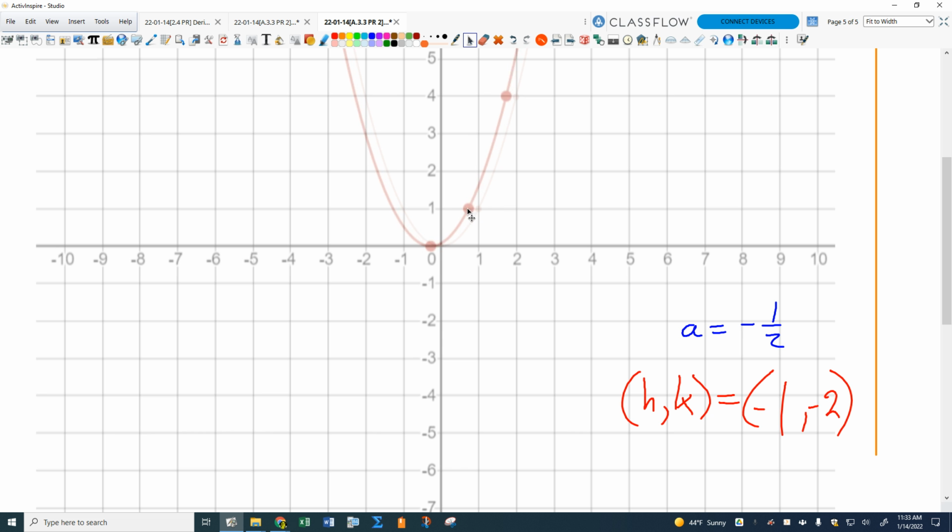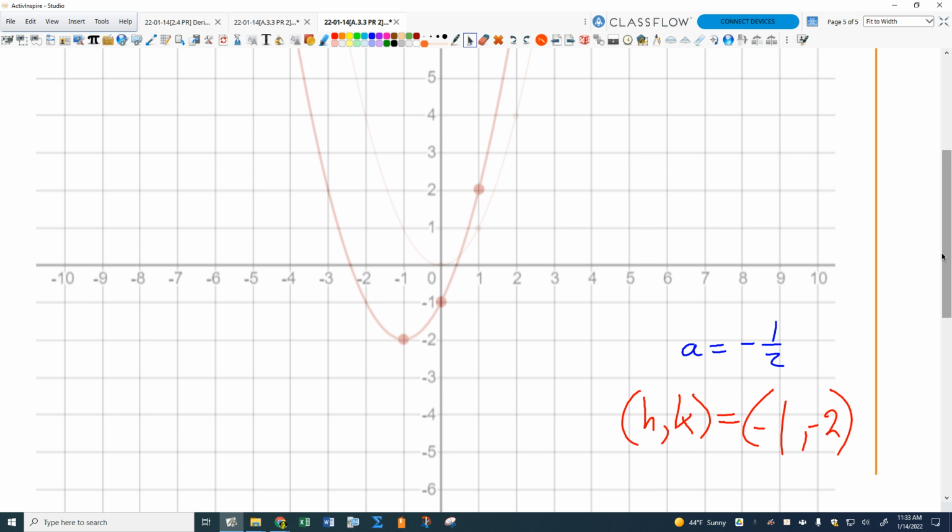So I'm going to drag this over to coordinates -1, -2. Okay, now what about A? A is -1/2. What's the negative part telling us? It's negative. Okay, what's that tell us about the shape of the graph? It's going down, opens down.